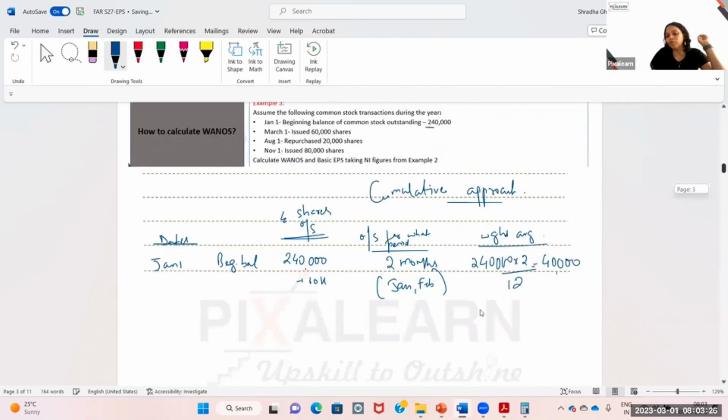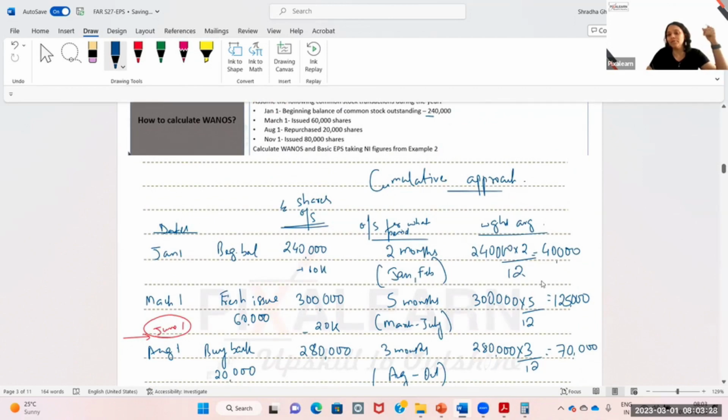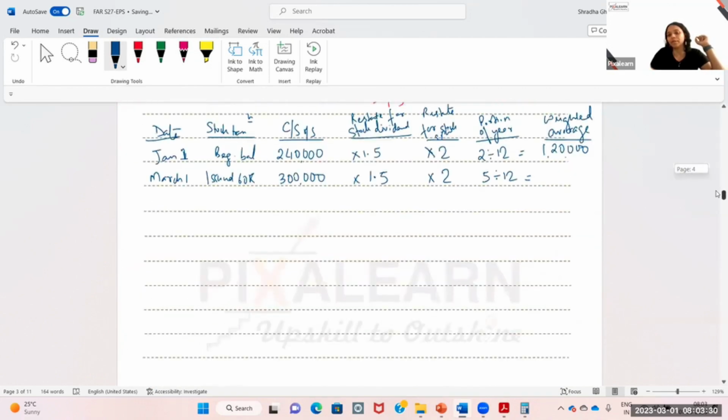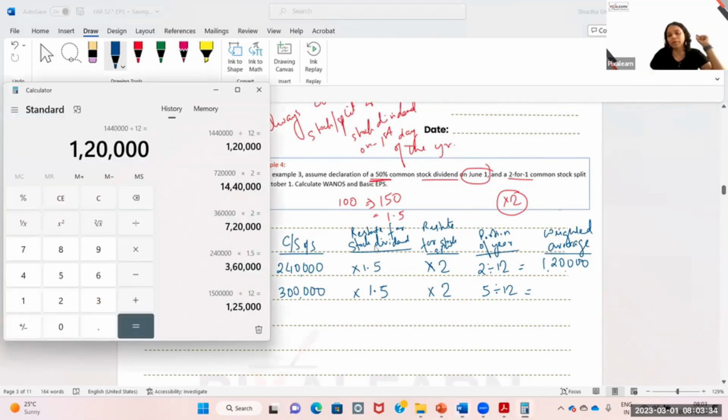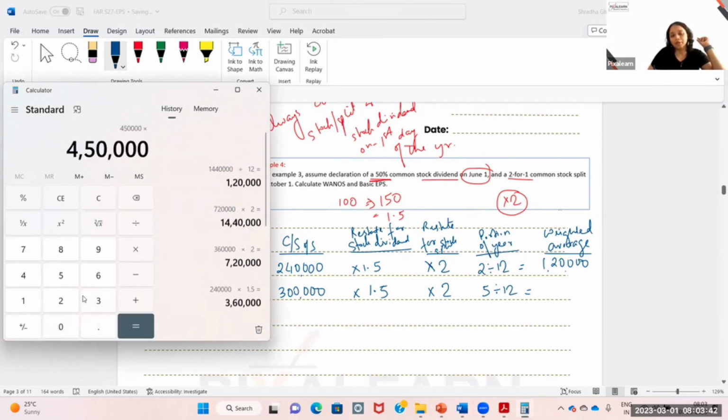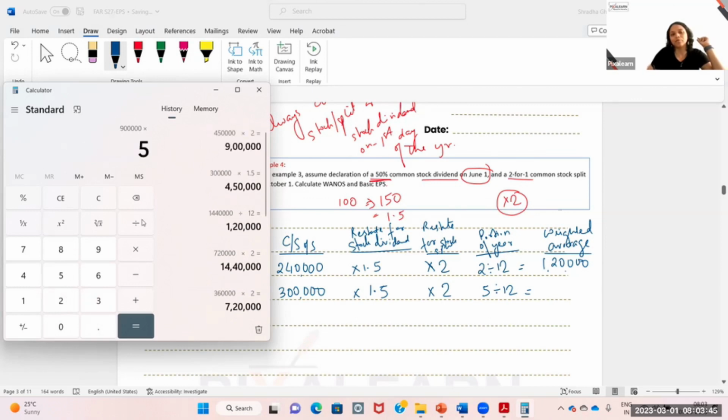Instead of 300, now these stocks have become something else. The 300 is now equivalent to 300 into 1.5 into 2, and it is outstanding for 5 months of the year. So it is 375. Is this clear, guys? Everybody?